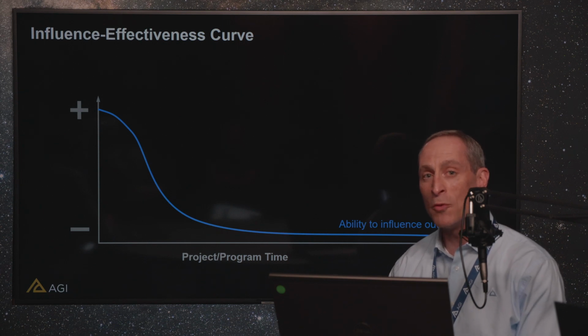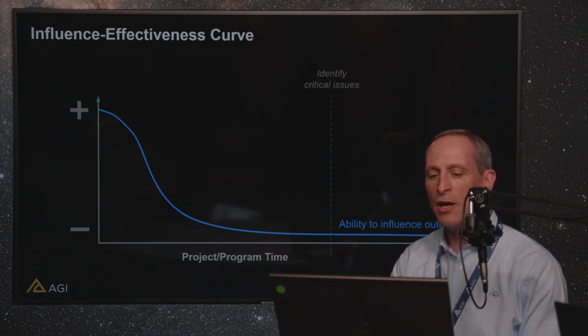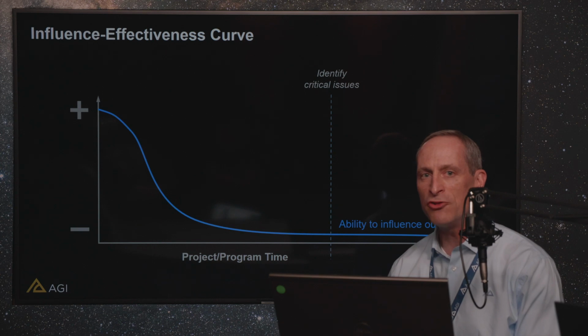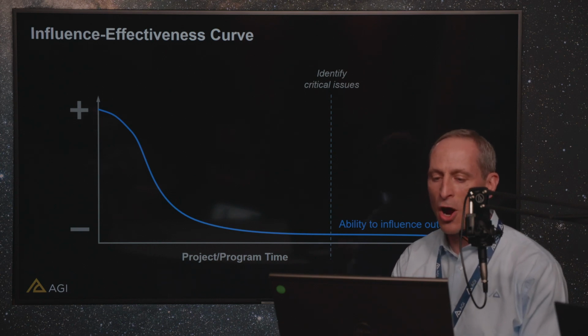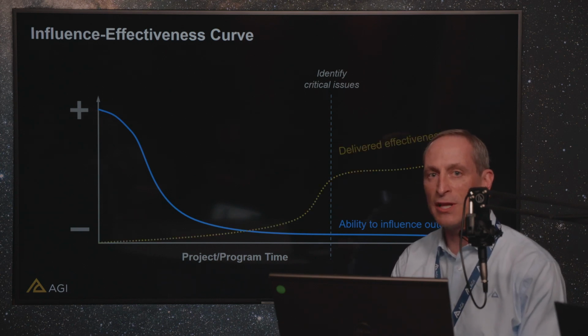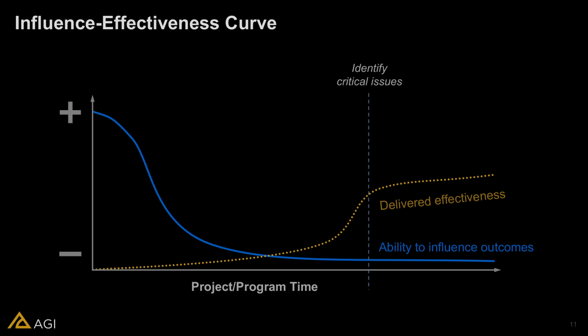And as we move forward in time and progress through the development of systems or the execution of missions, we reach a knee in the curve, after which our ability to substantially change those outcomes really drops off dramatically. So if we encounter critical issues late in that progress, our ability to respond is significantly limited, and we can only achieve a certain level of effectiveness relative to what we intended initially.